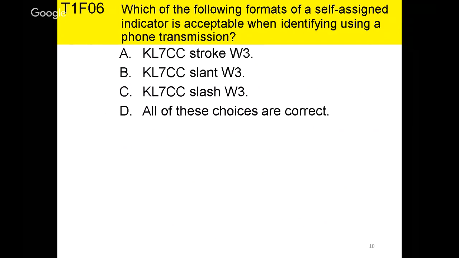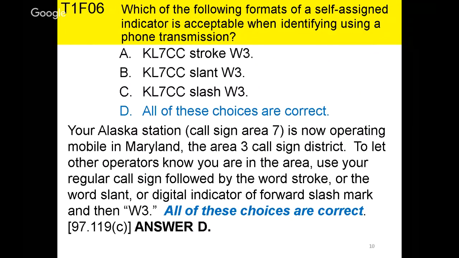But if you identify with KL7CC stroke W3, slant W3, or slash W3, that says, okay, that person is visiting from Alaska, and they're in my 3 call area. All those choices are correct.